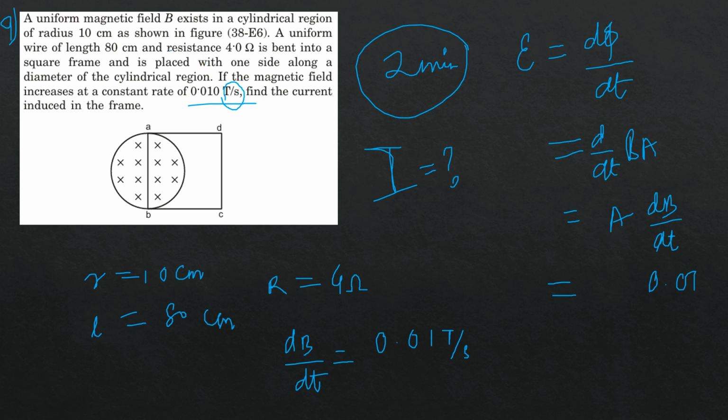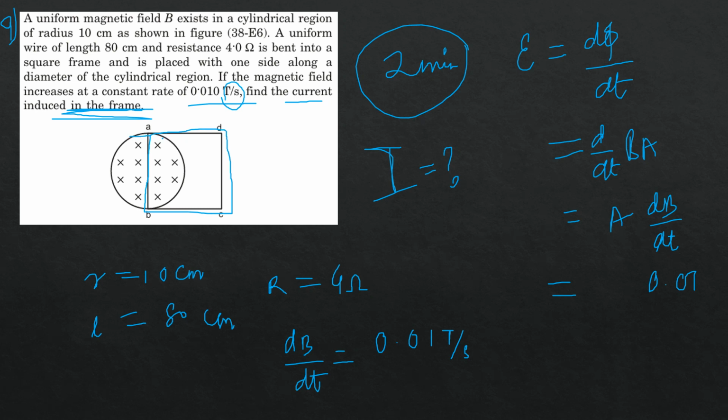The field exists in a cylindrical region of this radius. A uniform wire is bent into a square frame placed with one side along the diameter of the cylindrical region. Magnetic field increases at this rate. Find the current induced in the frame. That means we have to find the current in this square frame only.